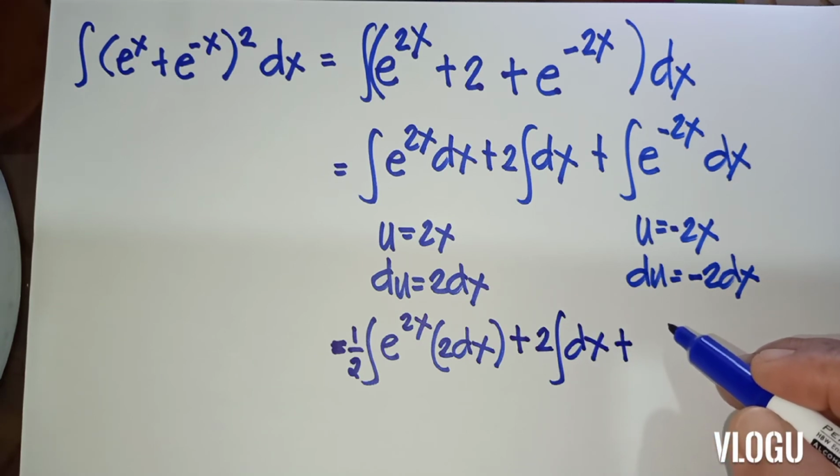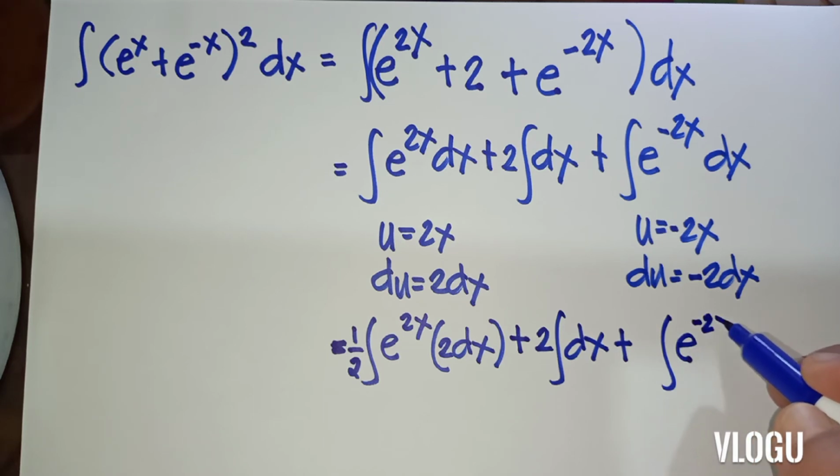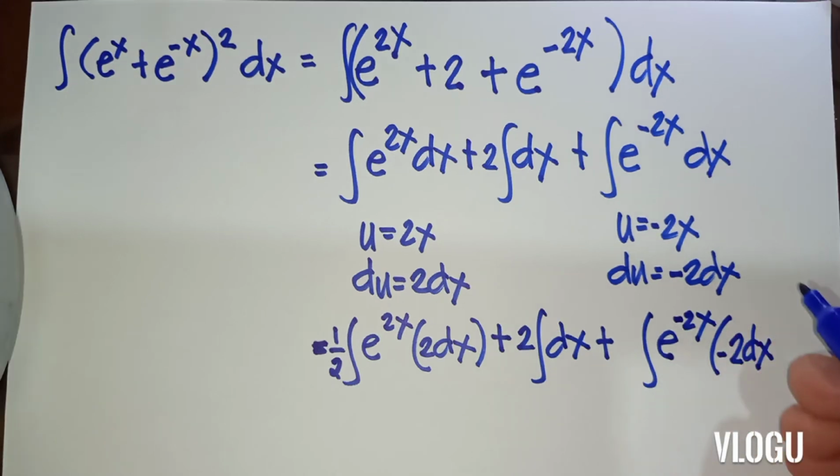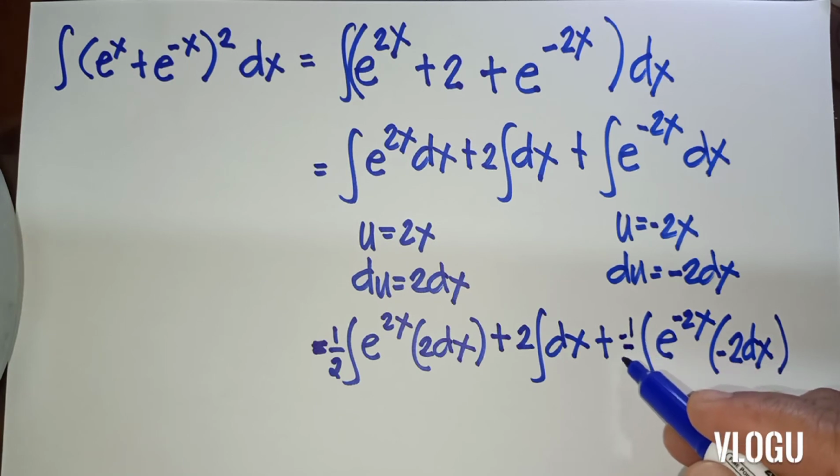Plus the integral of e to the negative 2x, negative 2 dx. For the 4, multiply by negative 2, so multiply by negative 1/2.